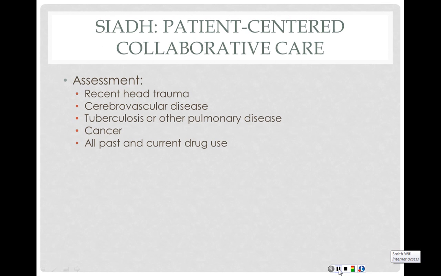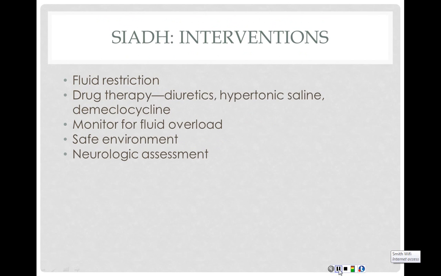It can occur because of recent head trauma. This is probably if the person has damage to the hypothalamus, cardiovascular diseases, tuberculosis and other pulmonary diseases, cancers, drug use. All of these can cause syndrome of inappropriate ADH.